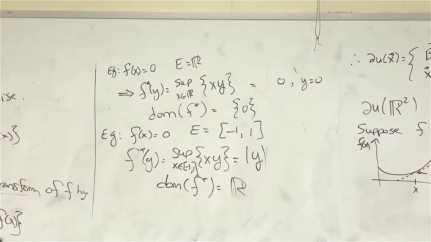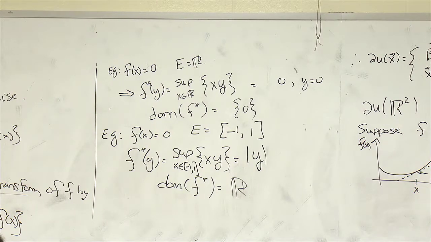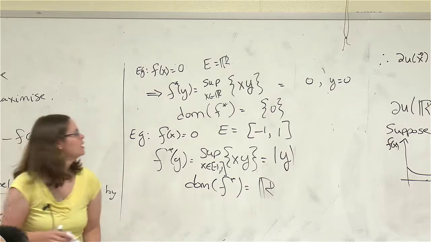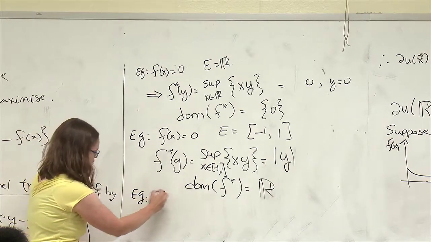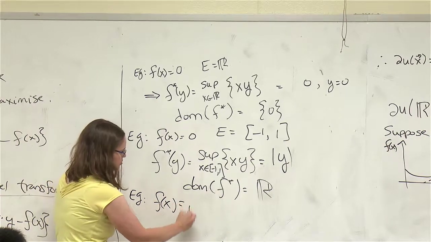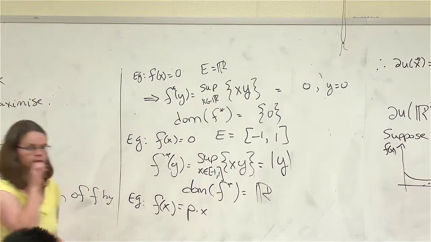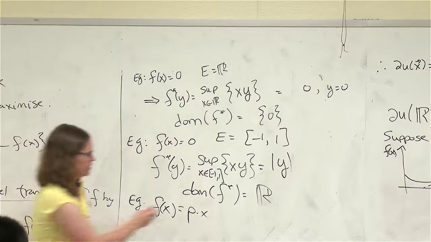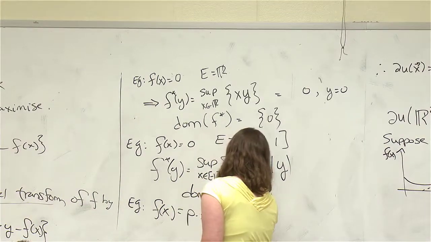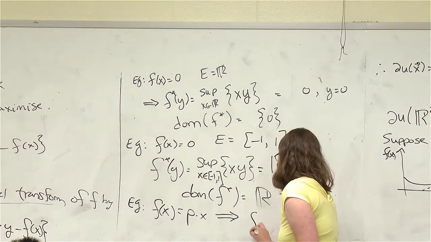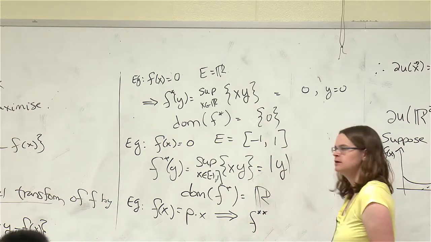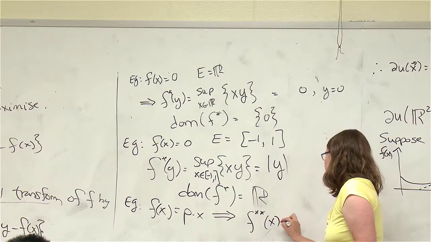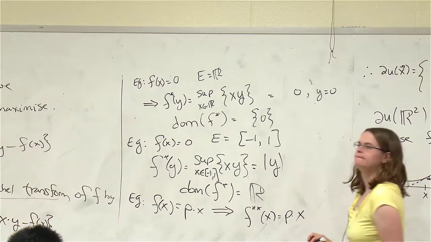And of course, you can do many other examples, which I assume that you can work through. This one I'm going to write down, but not do it. If f of x is a linear function, p dot x, then if I do a Legendre transform, and then I do another Legendre transform, I get back where I started in this case.